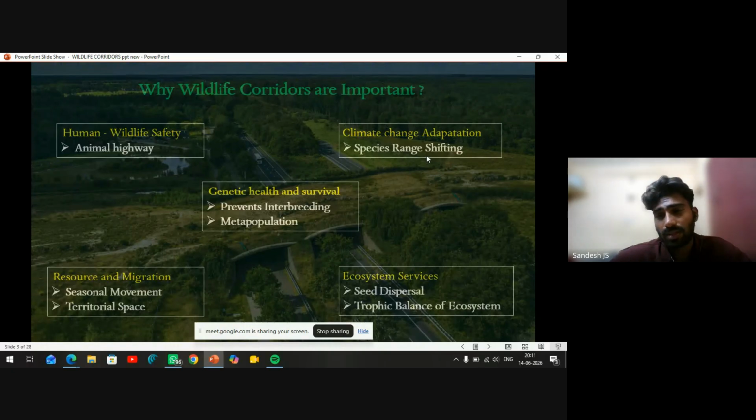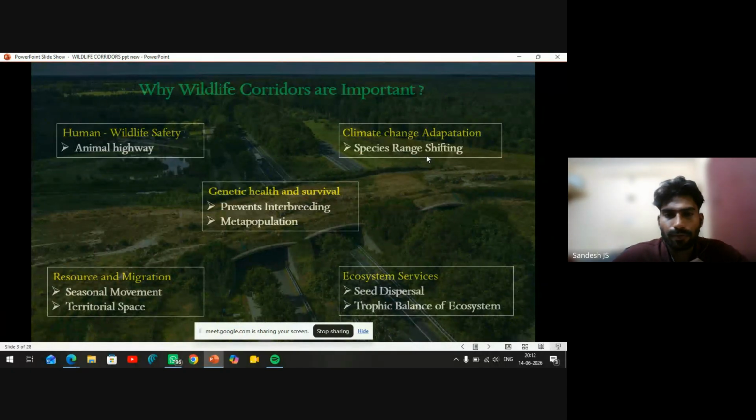And coming to the last one, the ecosystem services, like we discussed. So when these animals or wildlife move, they carry some seeds or plants with them. As they move, they grow the path with vegetation and plants. So they are actually rejuvenating the forest again and the trophic balance of the ecosystem.